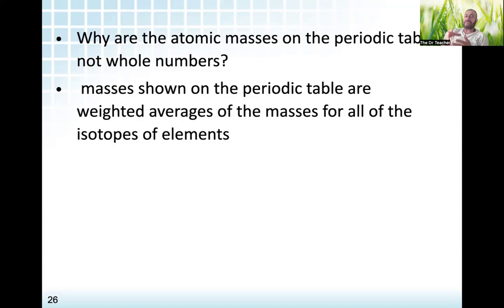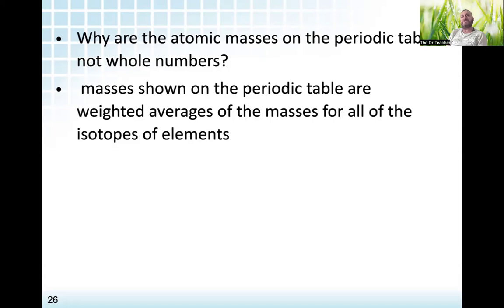So we could have 3 types of hydrogen, and they differ in the neutron numbers inside the nucleus. There is hydrogen 1, where there is no neutron, only one electron and one proton. Hydrogen 2 has one electron, and inside the nucleus one proton and one neutron.